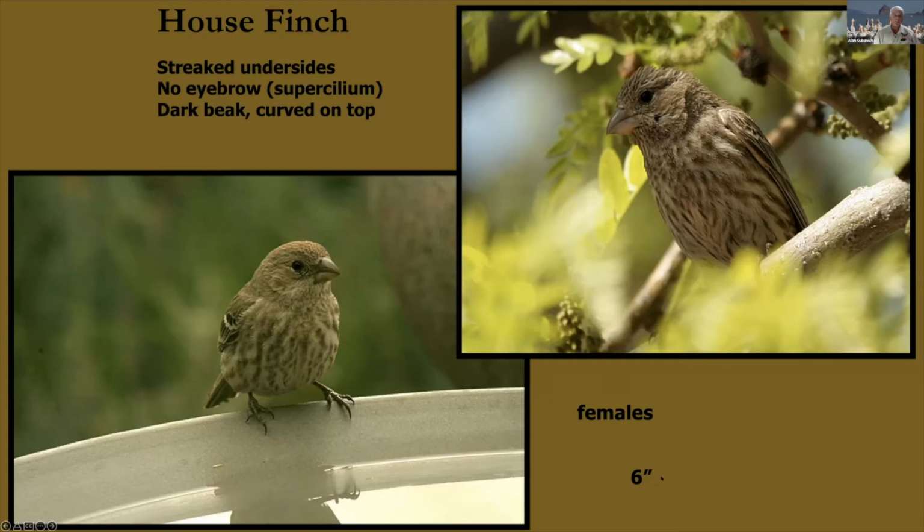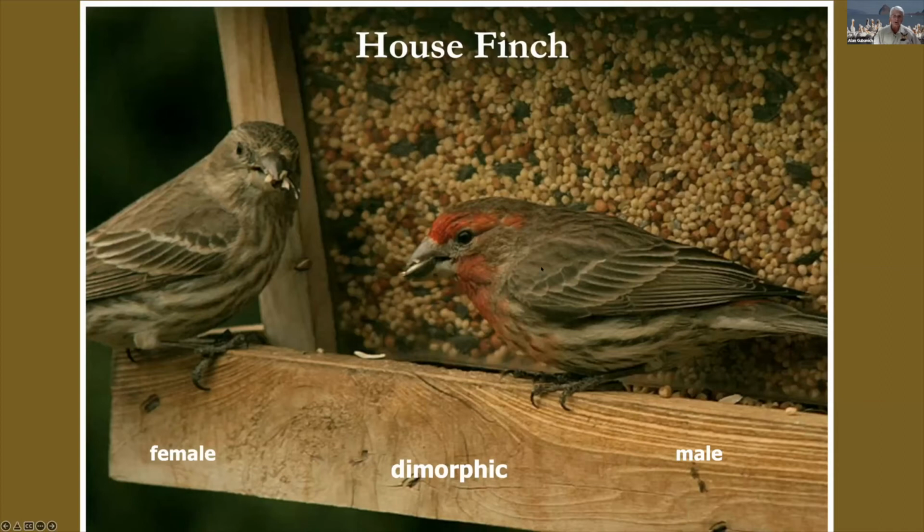Both male and female are only 6 inches long, which is typical of sparrows and finches in general. So no eyebrow or supercilium, just really kind of like a sort of a plain looking bird. So there's a male on the right and a female on the left on my hopper feeder one day. So dimorphic, male and female look different.